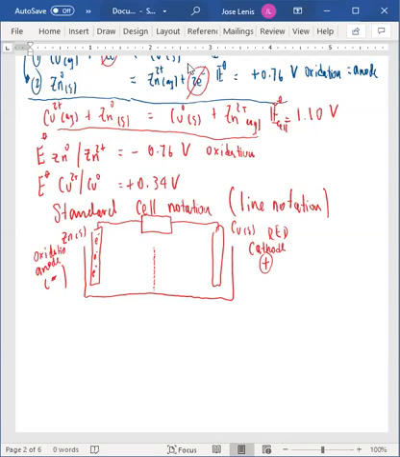You can also put here a light bulb, so you can actually make the electrons do work. Electrons will flow from the oxidation, from the anode to the cathode. And you can put these electrons to work. They can do work for you.